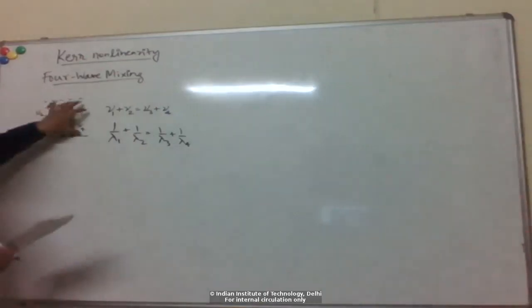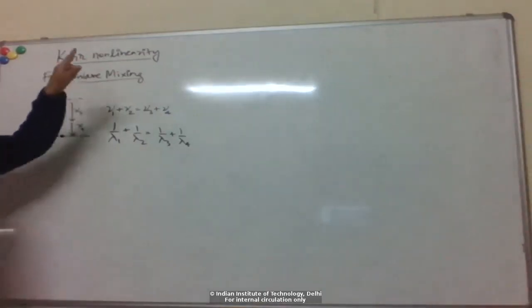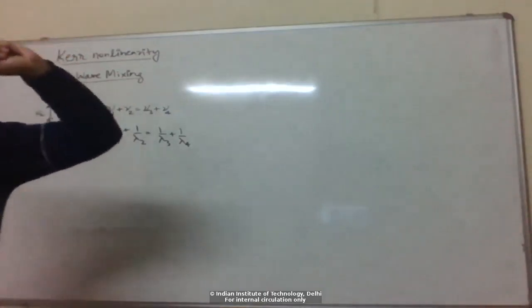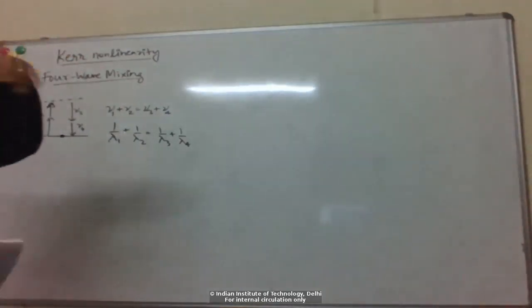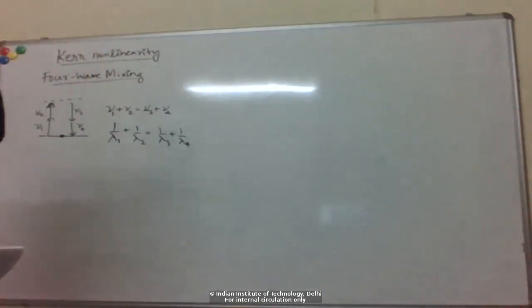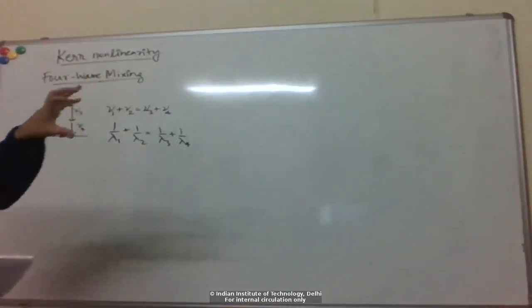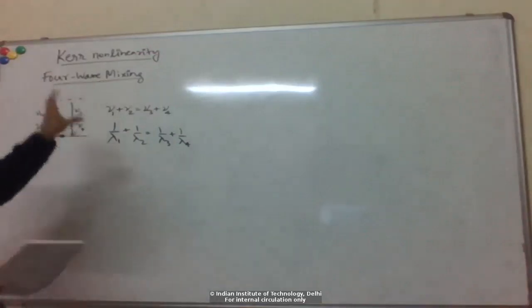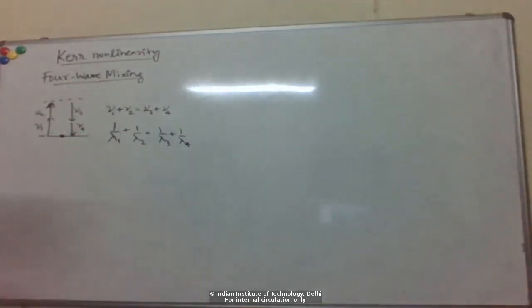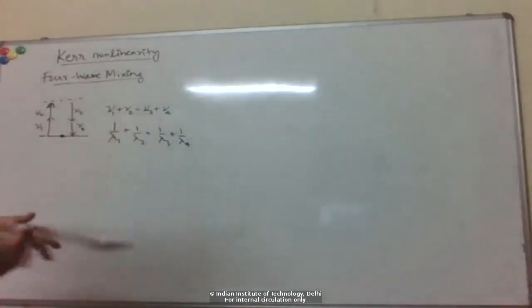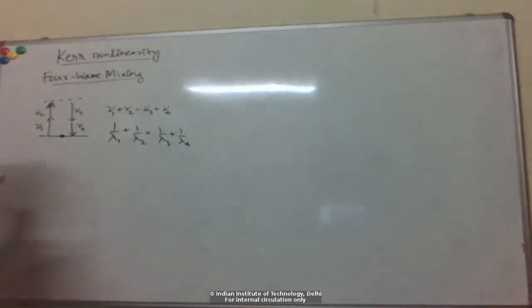And why four here is because this Kerr nonlinearity is a third order nonlinearity. If you go back to the basics of nonlinear optics, an nth order nonlinearity gives rise to n plus 1 wave mixing. So a third order nonlinearity gives rise to four-wave mixing. That's why four-wave mixing.